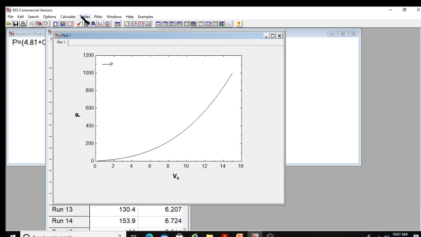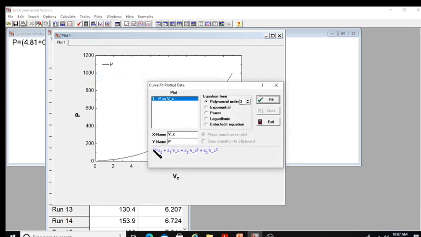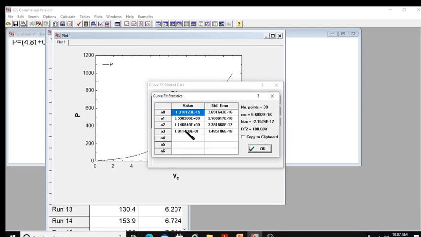Once we have a plot, what else we can do is, let's say we want to have the equation curve fitted. I can have a polynomial third-order equation and fit that equation. I can see the stats of those equations. Its R value is 100%, which means it is a complete correlation.